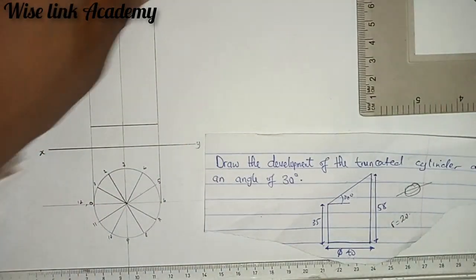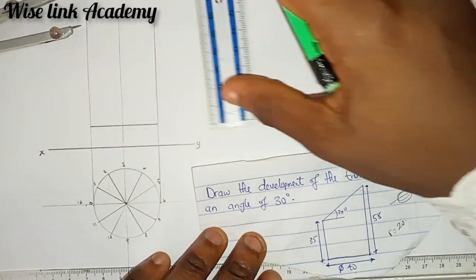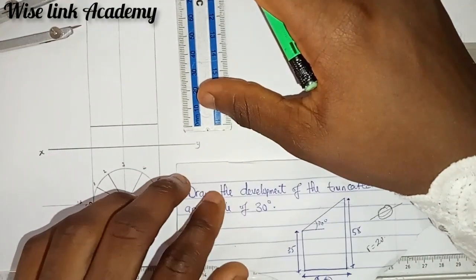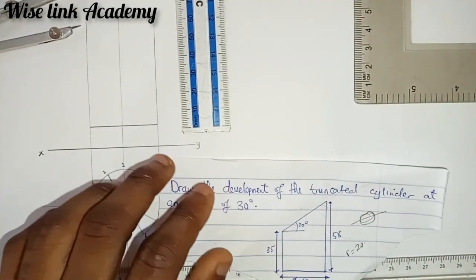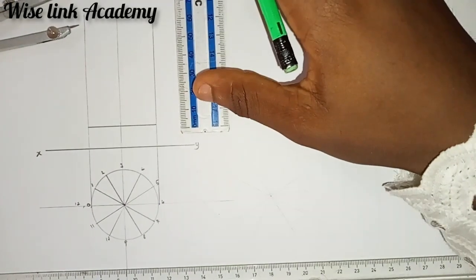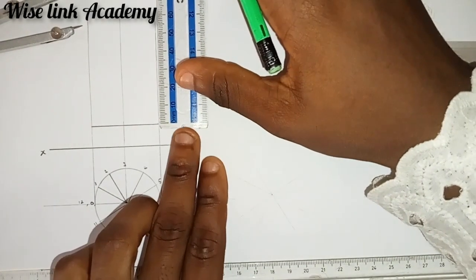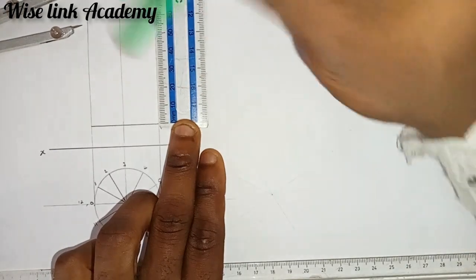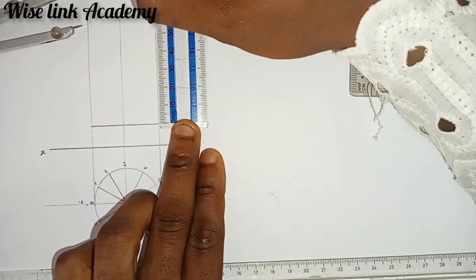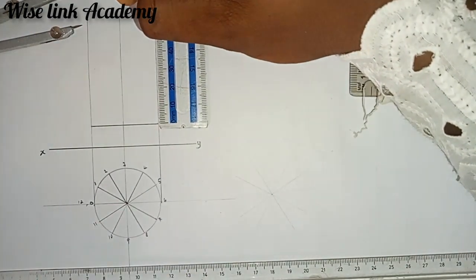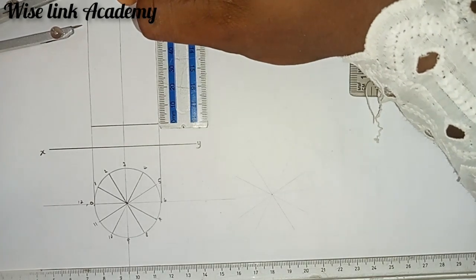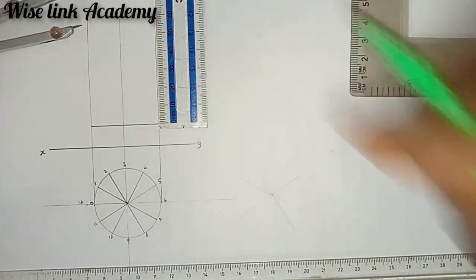Let me keep it aside here so as you can see, meter rule. You measure your 5.8. So measuring my 5.8, I'll be having this. Let me show you what I'm doing.